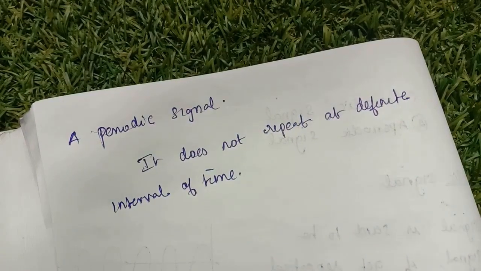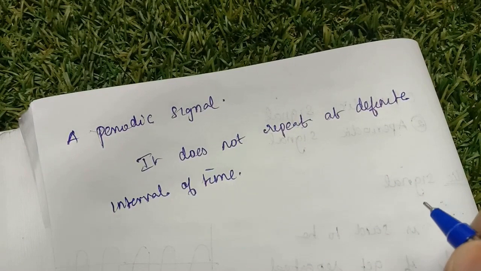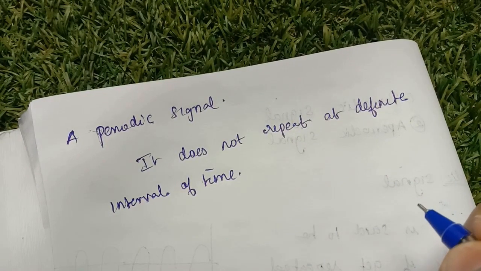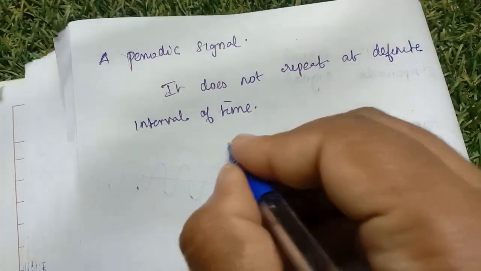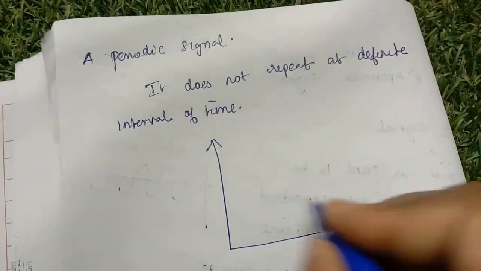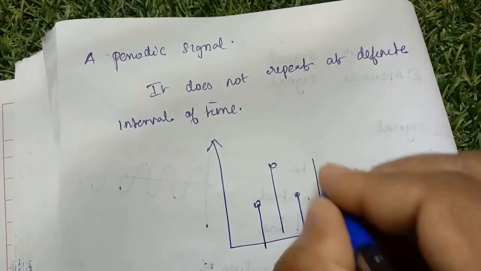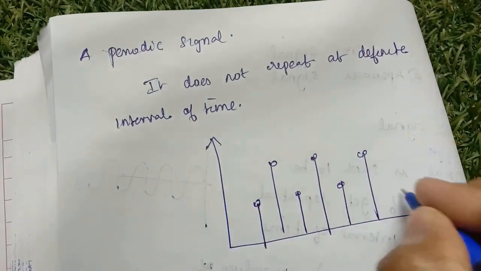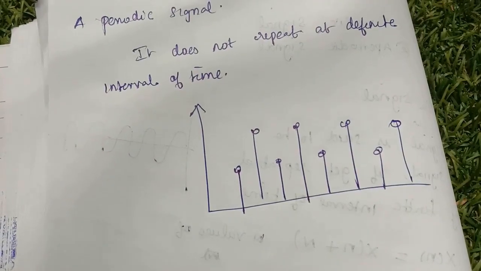So aperiodic is nothing but it does not repeat. Now we are studying about the discrete signal, so I can give you an example for discrete. For example, like this, it won't be a repeating interval, it may be like this way. Okay, this is called an aperiodic signal.